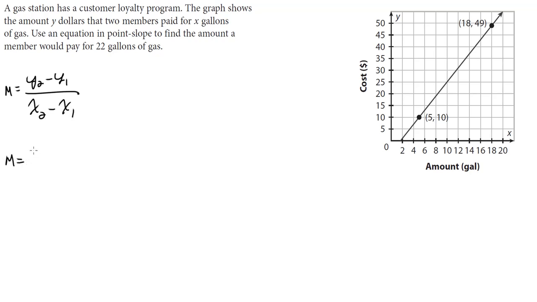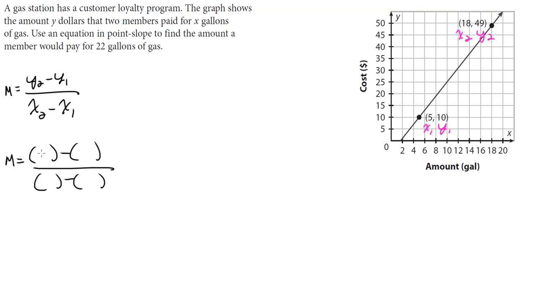I'm going to set this up with parentheses. I have to label these points. So I'm going to label this point here x1, y1, and this point here x2, y2, and plug these values in.